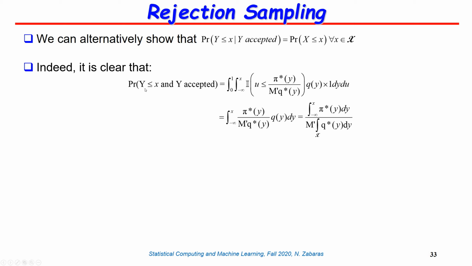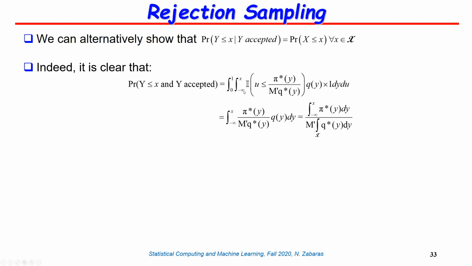So here I have the probability of y being less or equal to x and y accepted. How do I write this? I have the probability of y being less or equal to x.